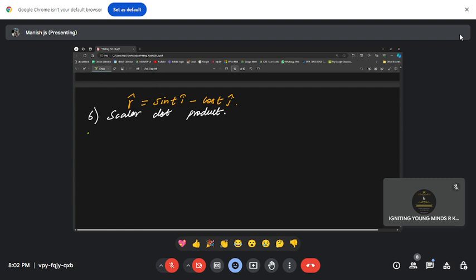We can say vector A dot vector B. When I put a dot in between, this dot denotes the algebraic multiplication of two vectors. I call it vector A dot vector B. That is how it is named and represented.